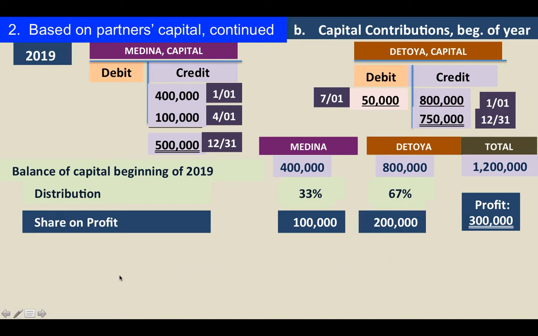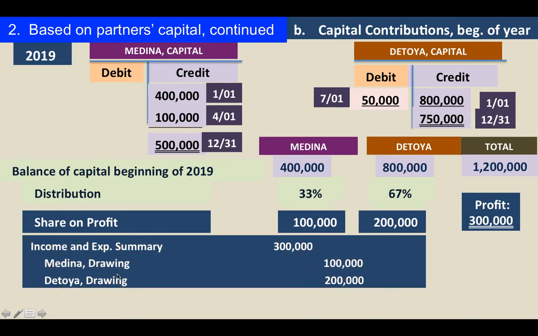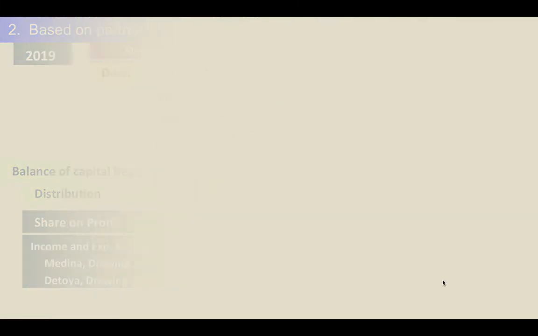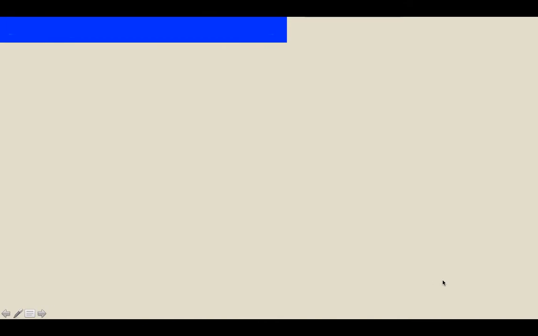So the entry is debit income and expense summary 300,000 and credit Medina drawing 100,000 and De Toya drawing 200,000.